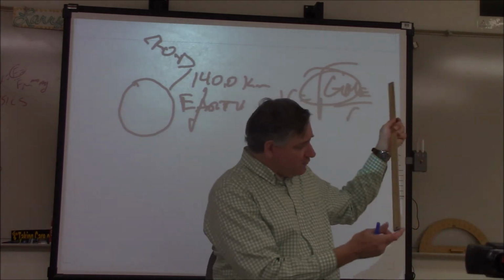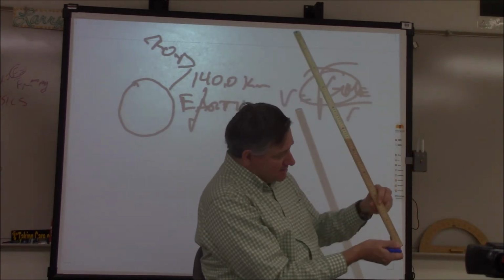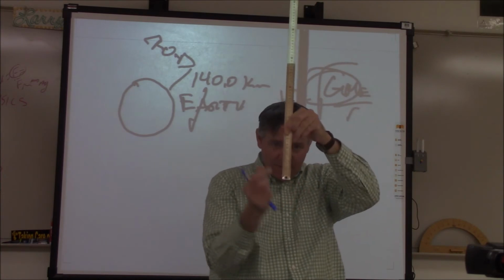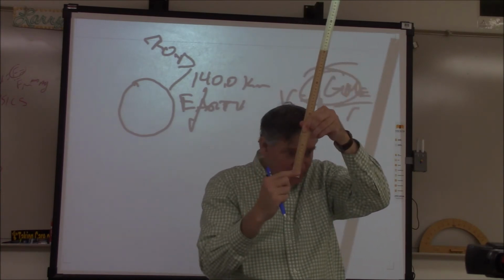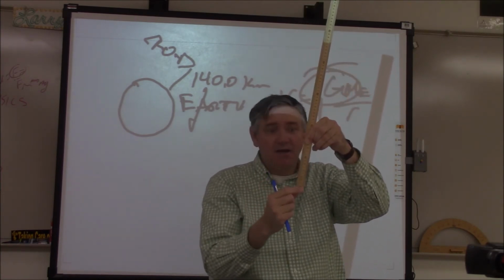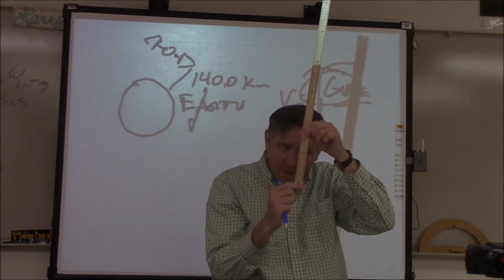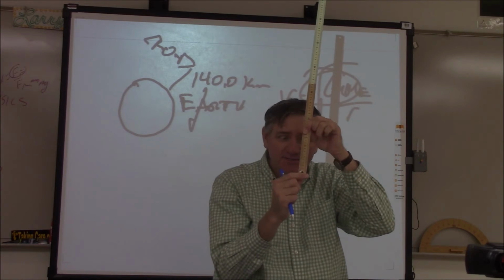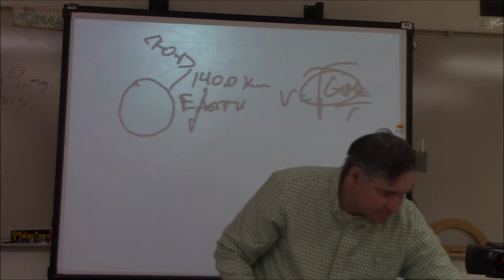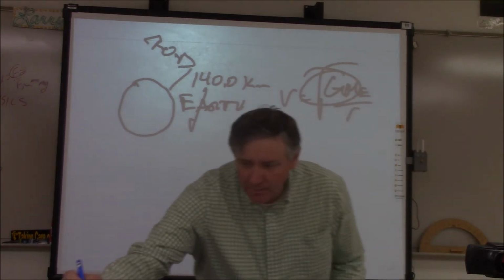Because 0.14 meters would be like this distance right here. You are not going to orbit 0.14 meters above the Earth, okay? It's not going to happen. So, we're going to multiply by 1,000.